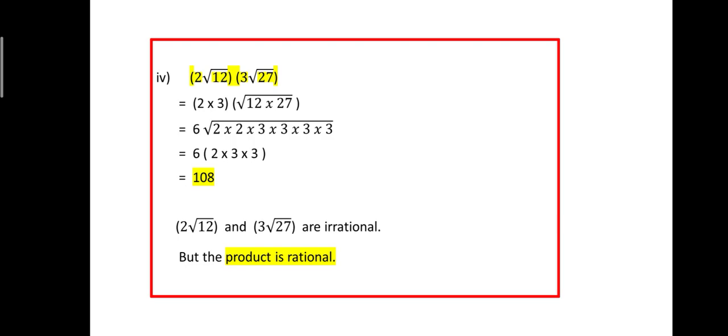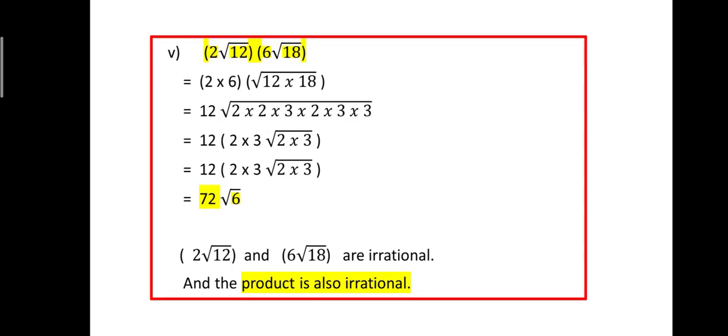As you can see, one pair of 2 is there, so 1 2 comes out, and two pairs of 3 are there, so 2 3s will come out. So the final answer is 108, which is rational. So this example shows that when we multiply two irrational numbers, the product can be rational.